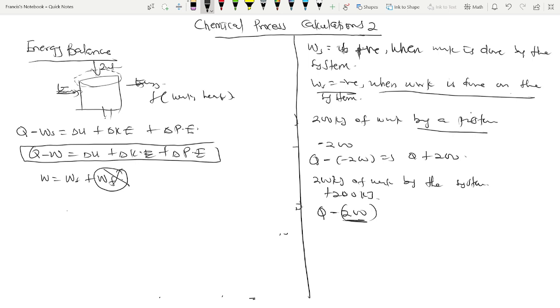While you are putting the material inside and the material is leaving, that's work on the system, and that's what you call the flow work. But because a closed system has no material input or output, there is no flow work. And now the term becomes just Q minus WS, because change in U and so on. So that's what you have here. But now we are dealing with open systems, right? Let me write it here.